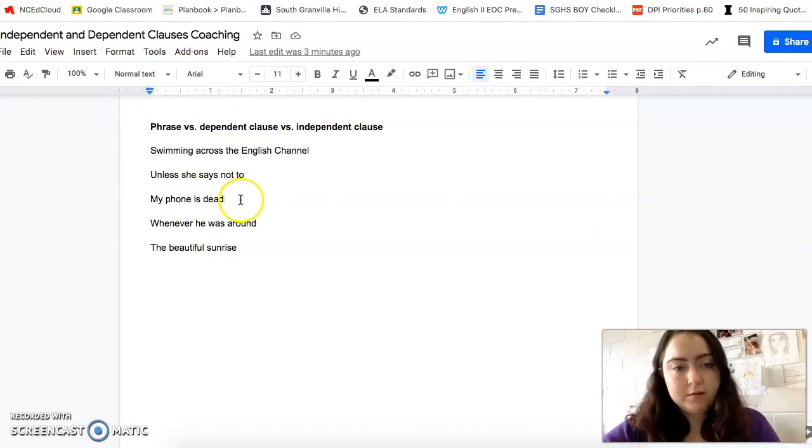"My phone is dead." What's our subject? Phone. What's our predicate? "Is." All right, there isn't a dependent marker word in front of this. "My" is just describing the phone. So since this is a complete thought and it doesn't have any dependent marker words, this would be an independent clause. "Whenever he was around." Do we have a subject?